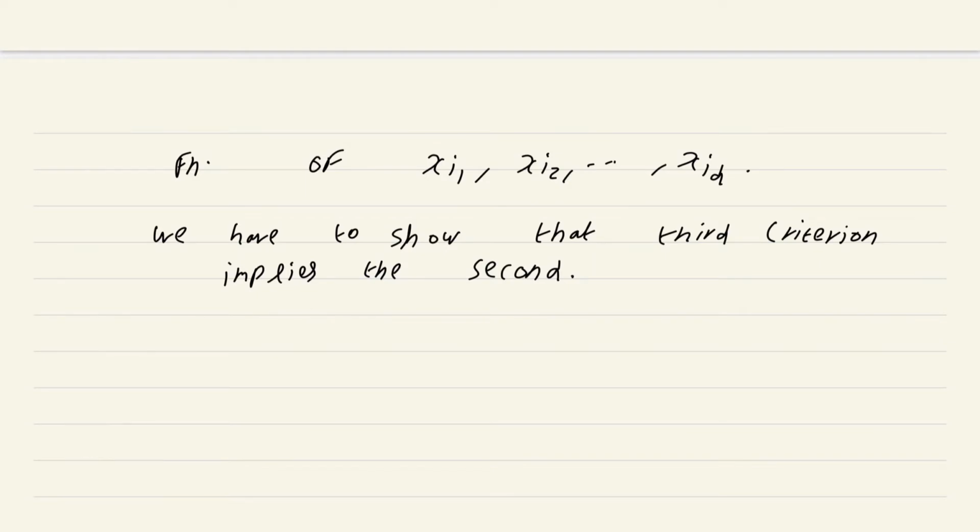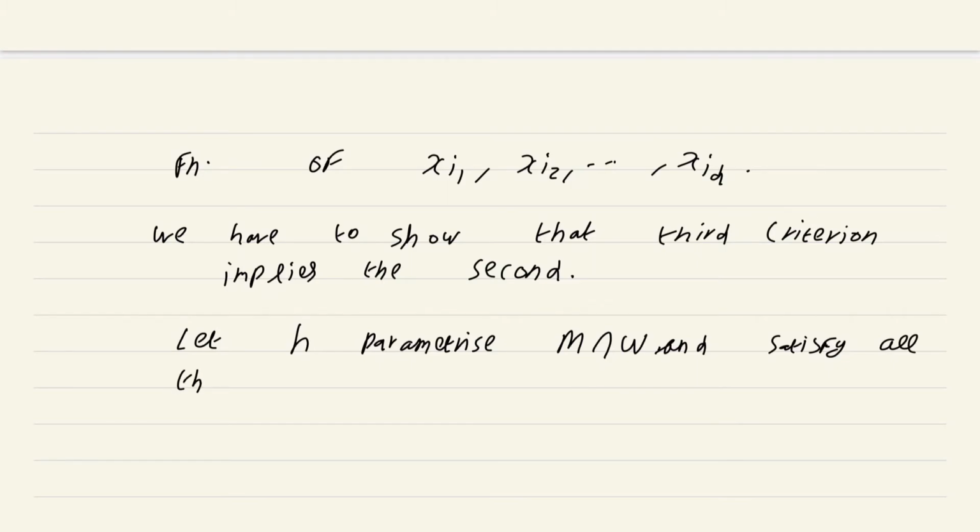So let H parametrize M intersection W, and satisfy all the conditions of the third criterion. That is, it's a local parametrization near the point A of the third criterion.